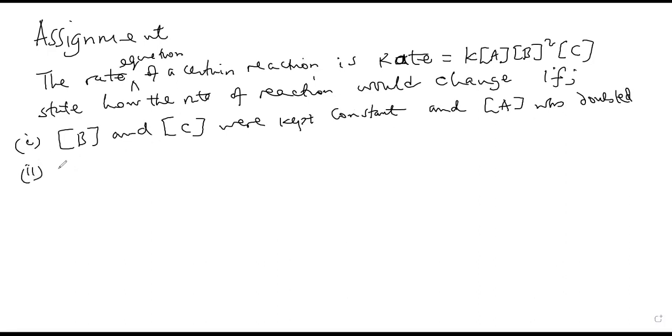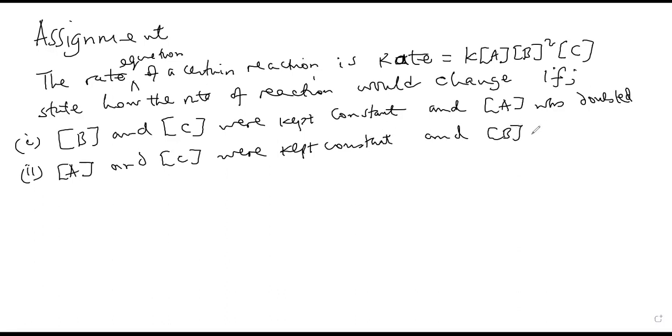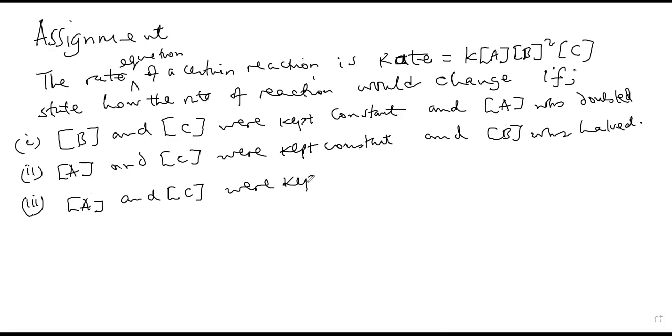Two, A and C were kept constant and B was halved. Three, A and C were kept constant and then B doubled.